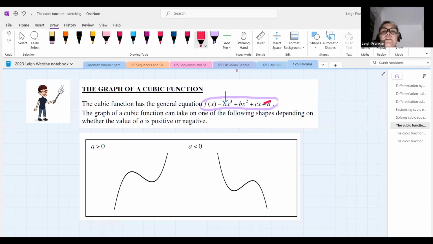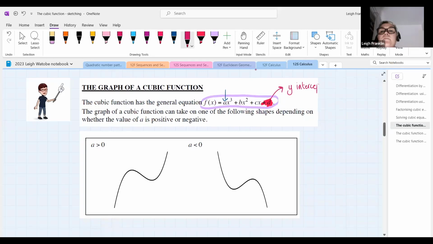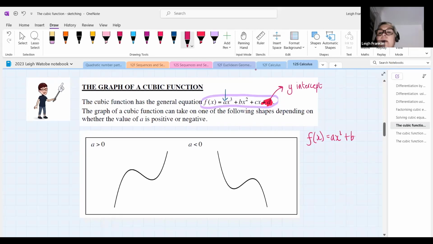D is a constant. It's a number on its own, and that is your y-intercept. It's always your y-intercept. Now, as far as A is concerned, when you have a parabola, f of x equals ax squared plus bx plus c, A also affects the shape of your parabola.